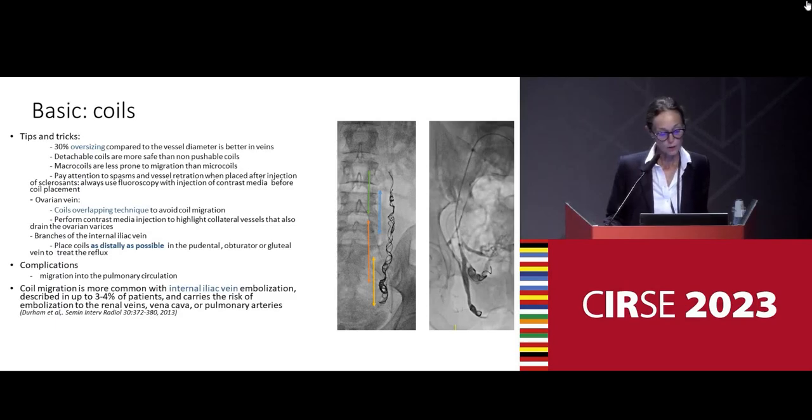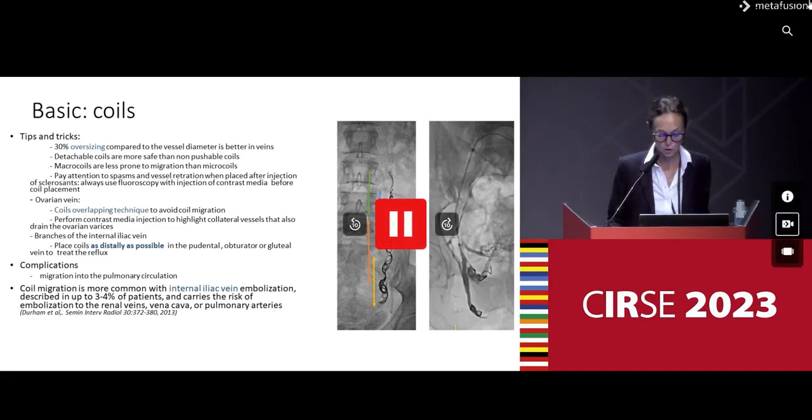Pay attention that using the sandwich technique and when injecting sclerosant, you may have spasm and retraction of the vessel, and the size of the ovarian vein may decrease. So you have to inject during embolization to see the size of the vein.